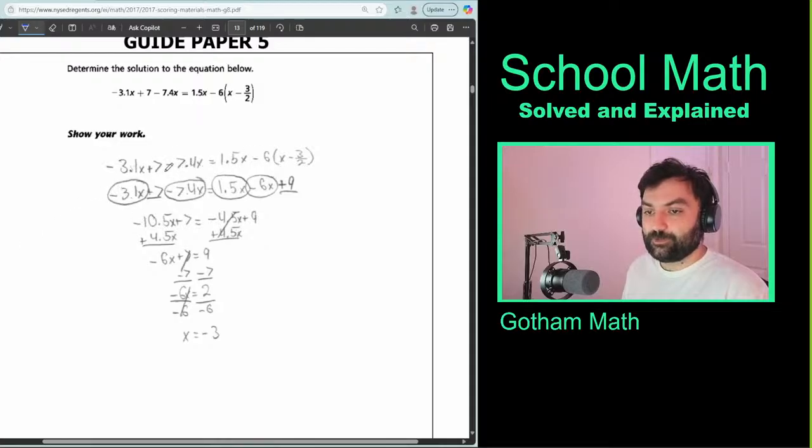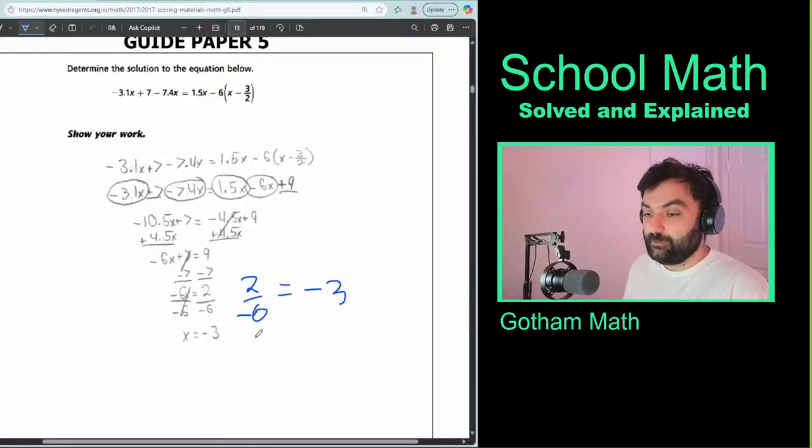Okay. So circled the like terms. And then did what with them? Just made a mistake. Where, though? I don't see it. Ah, come on. And then people say that I should not make fun of people who think that 2 divided by negative 6 is negative 3.